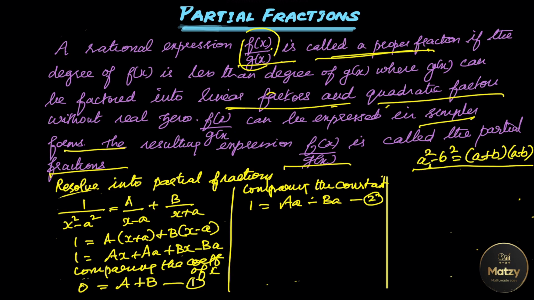I am multiplying the first equation by small a. So, what I will get? 0 is equal to A into small a plus B into small a. I am adding these two. So, this will go off. 1 is equal to 2A into small a.